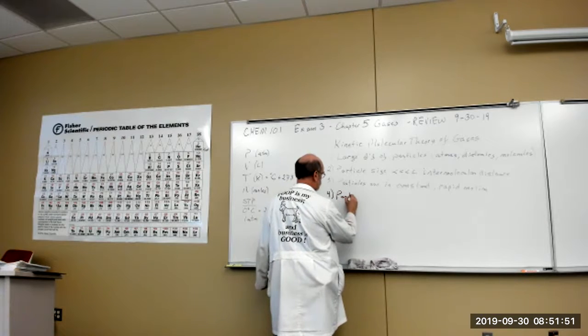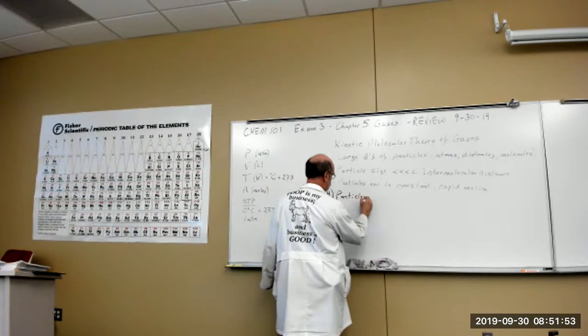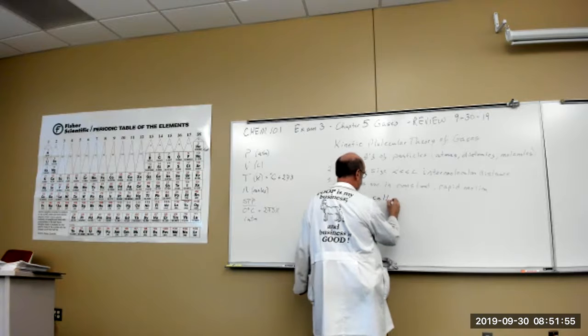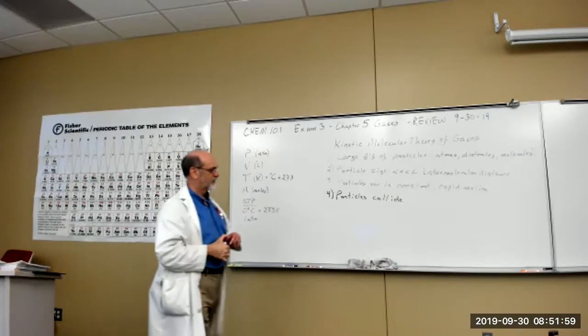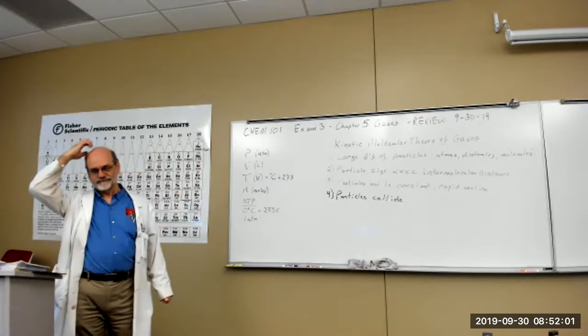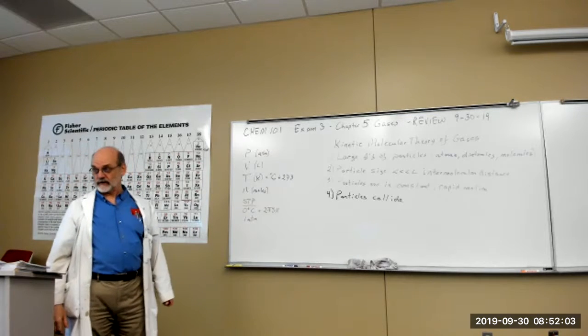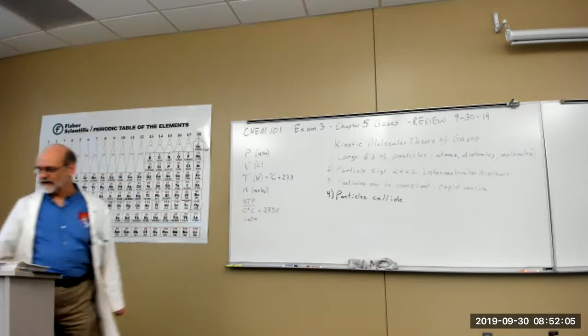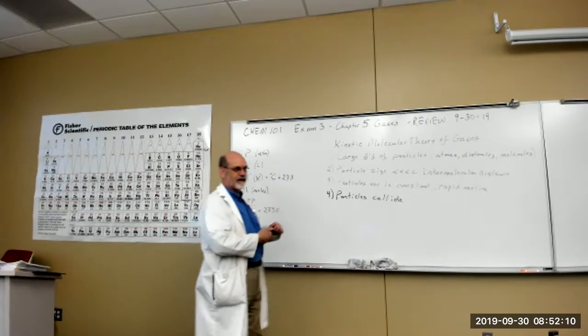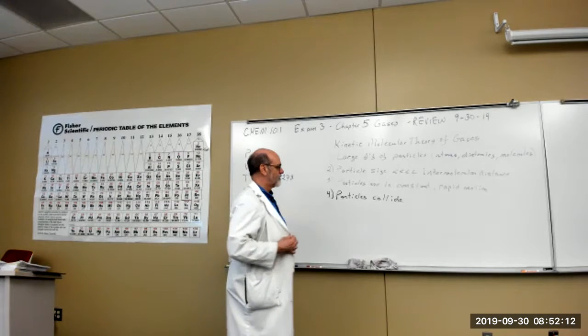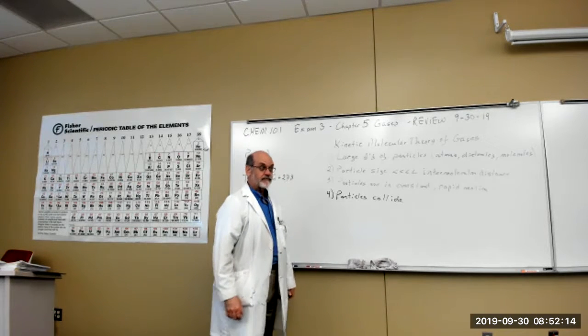The next one is obvious. Particles collide. If they're all moving fast and randomly, then they're eventually going to collide. So what do they do when they collide? They transfer momentum, yes.